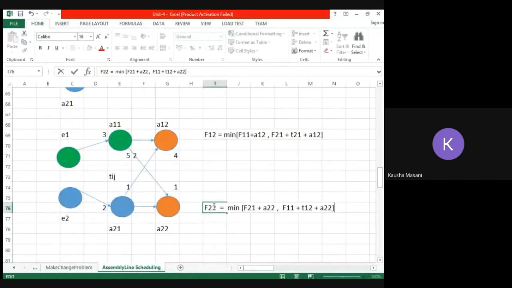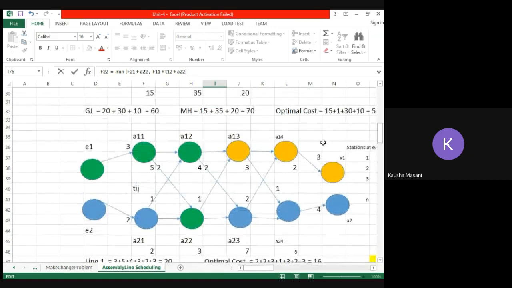You are supposed to do the same thing at each and every station now. So if you add two more stations in the assembly line, then the same thing you have to do for A13, same thing for A23. Again A14, A24. Okay? Clear, everyone? Let's take one example.